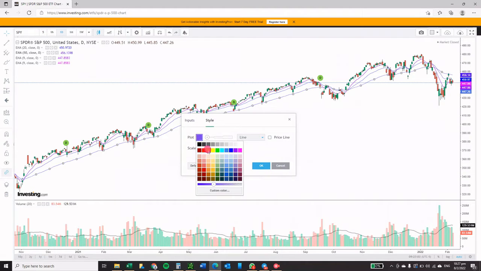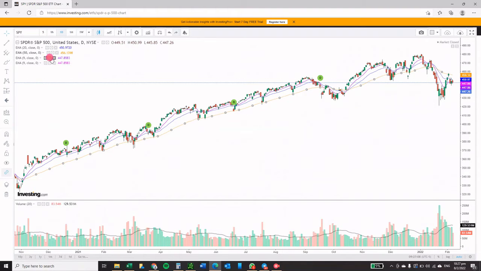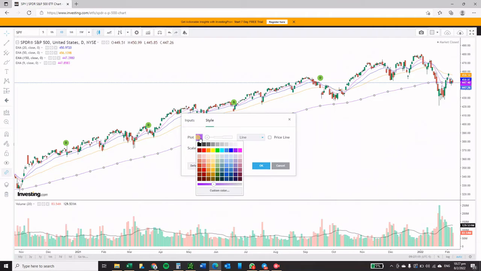And I'm going to change the color to orange. Got to be different colors so you can see the differences. The next one's going to be 150. I'm going to change the color to, say, green.